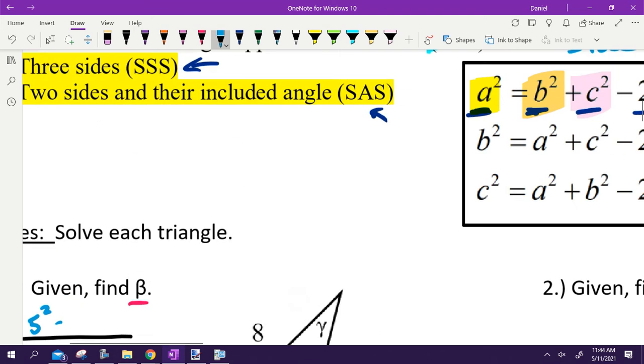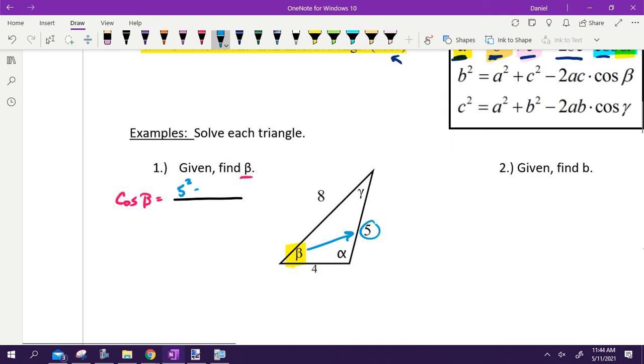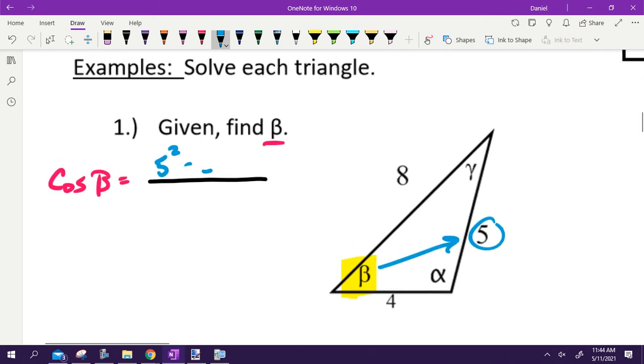If you look at your formula, we're doing this one right here: minus a squared minus c squared. So we'll follow that path: minus 8 squared minus 4 squared. And it's all divided by negative 2 times the other two sides, so 8 and 4. Notice that this number 5 is only used there once. That's the side across from it.